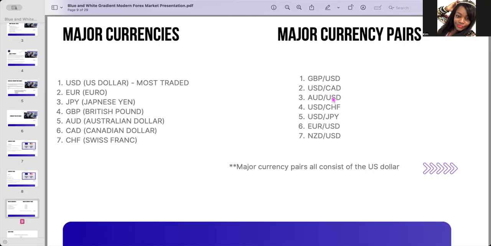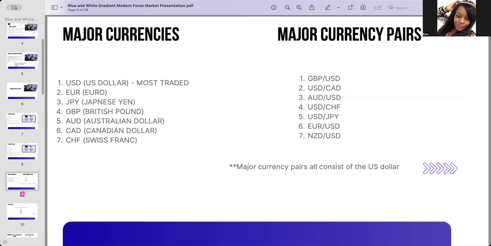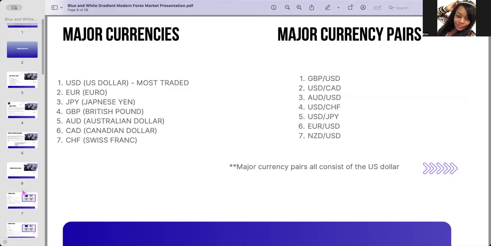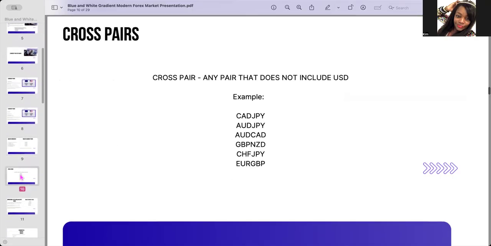Even with the value of the dollar going to hell right now, the dollar is the most traded currency. And as I stated here, the major currency pairs all consist of US dollars. So if you see anything with the dollar in it, it is considered a major currency. All right.